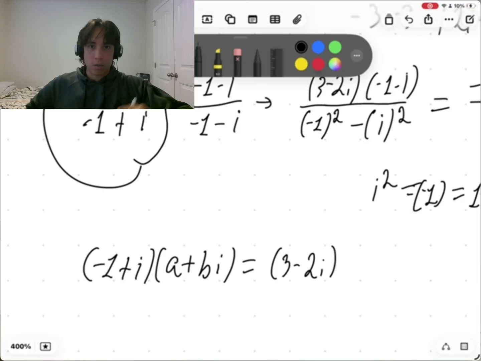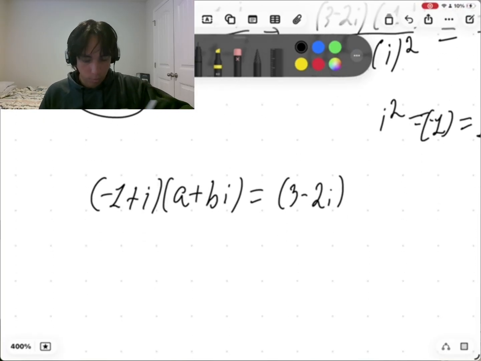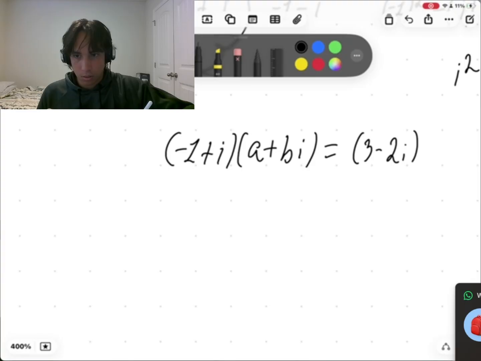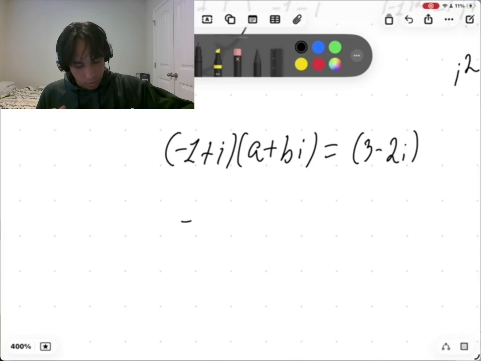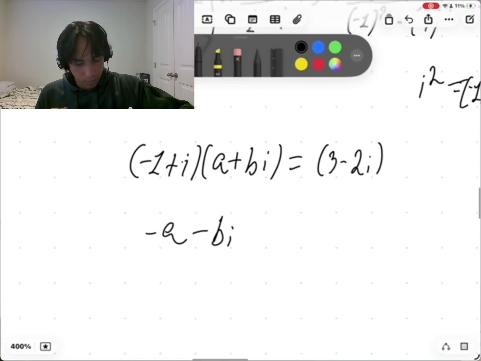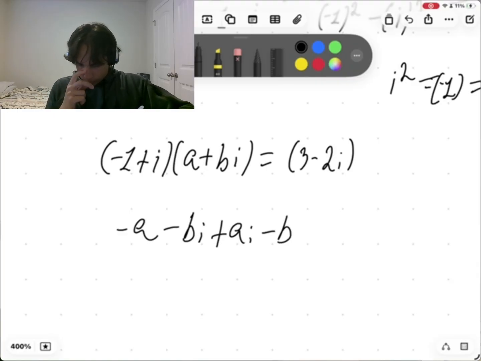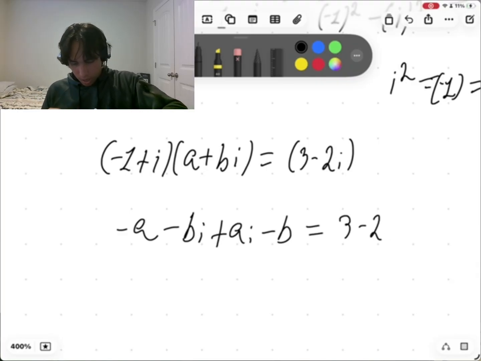Some of you might already see where I'm going, what I'm going to do. We can FOIL once with this, so we can do -a minus bi plus ai plus ai minus b, right, equals 3 minus 2i.